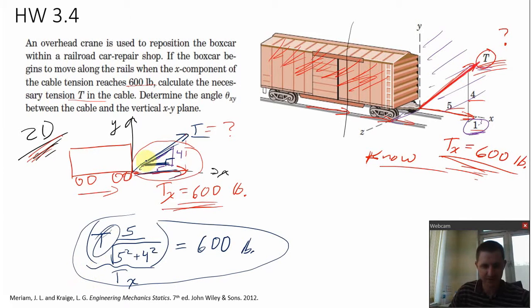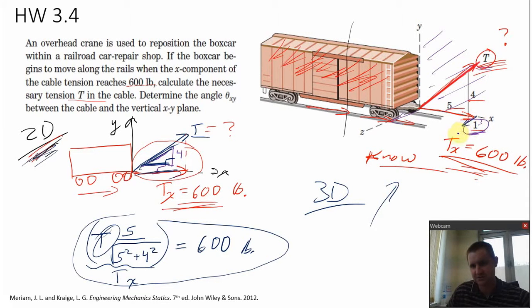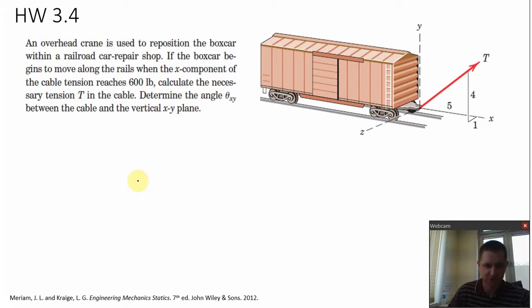Now you say, what's the difference between this simple 2D problem and our 3D problem? The only difference is that now this tension vector has a little bit of a z component to it in this direction. It's just over a unit of 1. But we're going to apply the same principle to solve it.